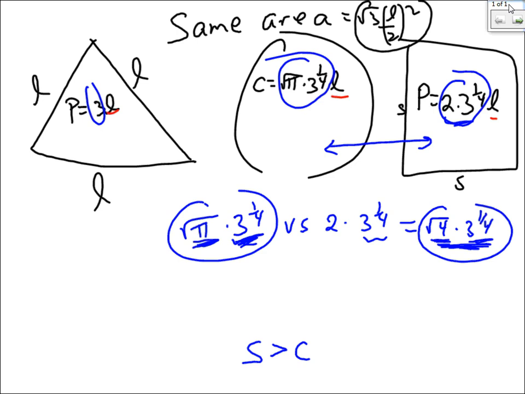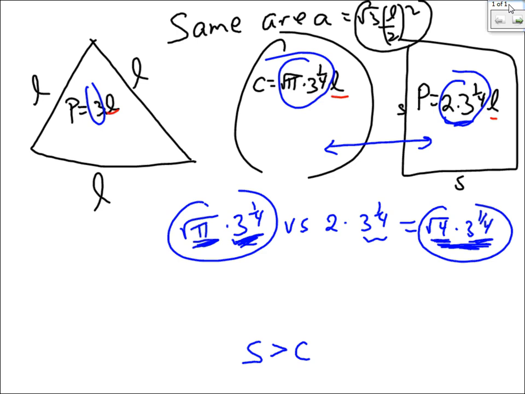So now the question is, where does the triangle come in? Is the triangle bigger than all of them? Is the triangle between S and C? Are all of them bigger than the triangle? Well, let's see.